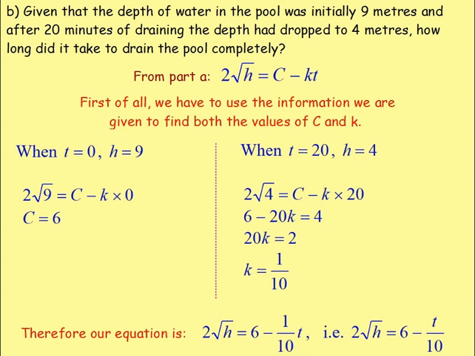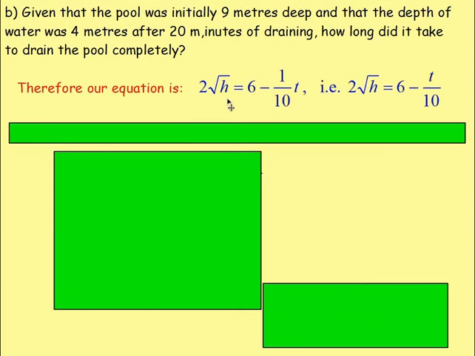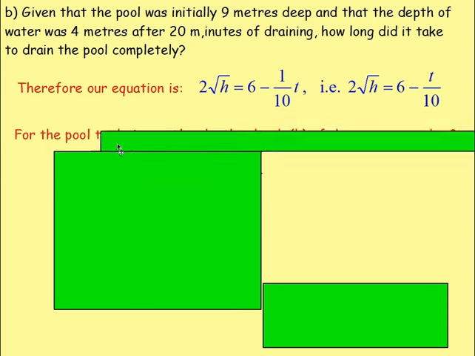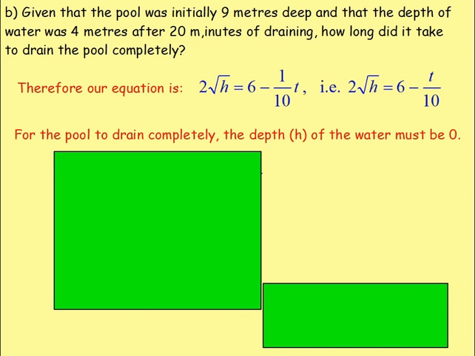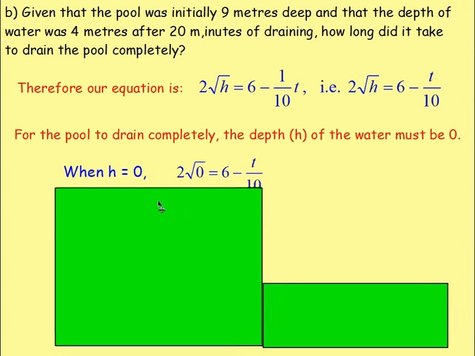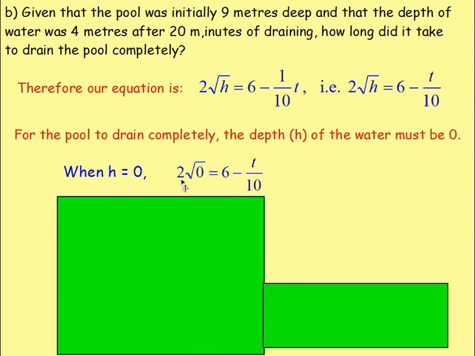We are asked how long it takes to drain the pool completely. So if you think about it, when the pool is drained completely, what's the height of the water? Brilliant, it's just going to be 0. So to drain the pool completely, the depth or the height of the water must be 0. So when h equals 0, we'd have 2 root 0, we're just replacing h with 0, that would equal 6 minus t over 10.